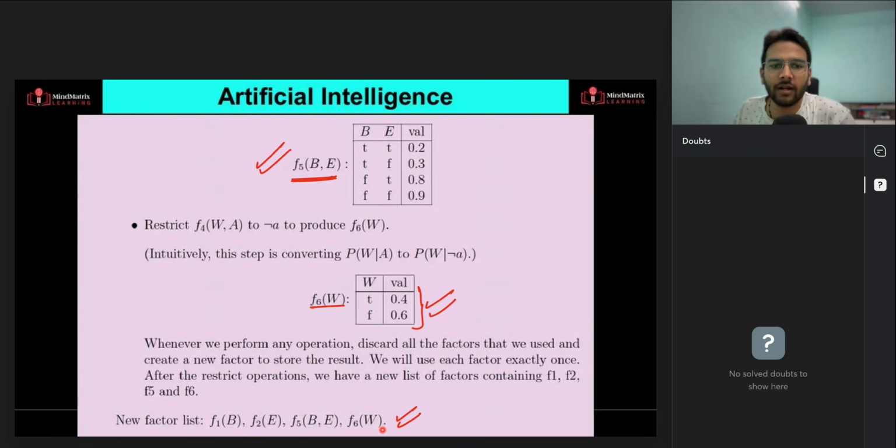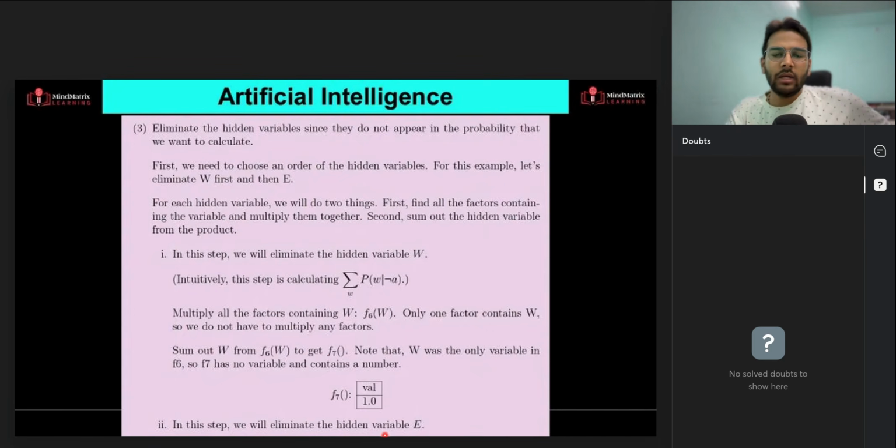Now we have this new factor list, which is F1 of B, F2 of E, F5 of B comma E, and F6 of W. Now what we can do is eliminate the hidden variables. So we can eliminate this hidden variable W. So yeah, this is nothing but 1, right? Yes, this has to be 1.